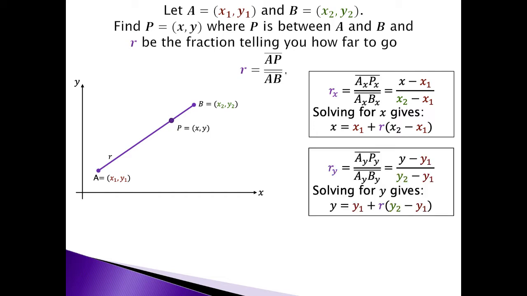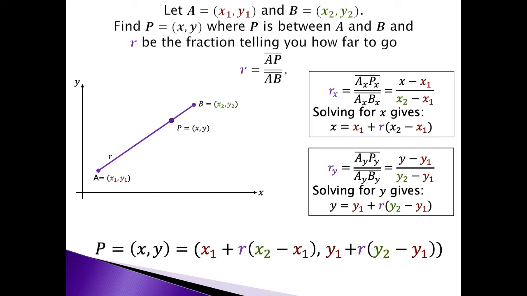And R sub y is doing the exact same thing, but we're solving for the y variable. Doing this gives us P (x, y), where x is x1 plus the ratio times (x2 minus x1), and y is y1 plus the ratio times (y2 minus y1).